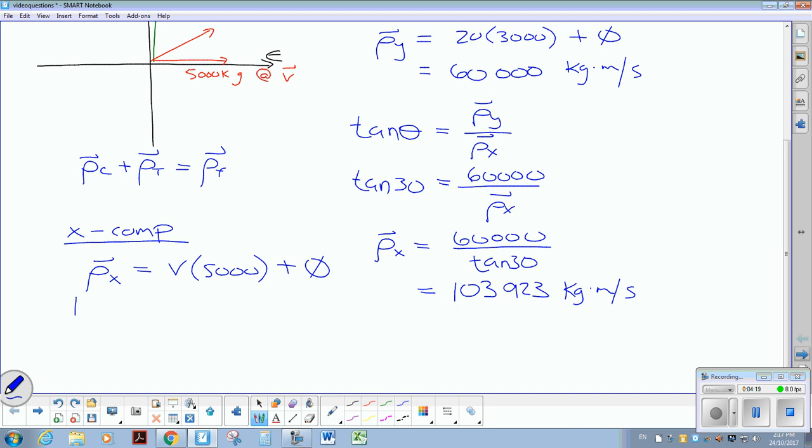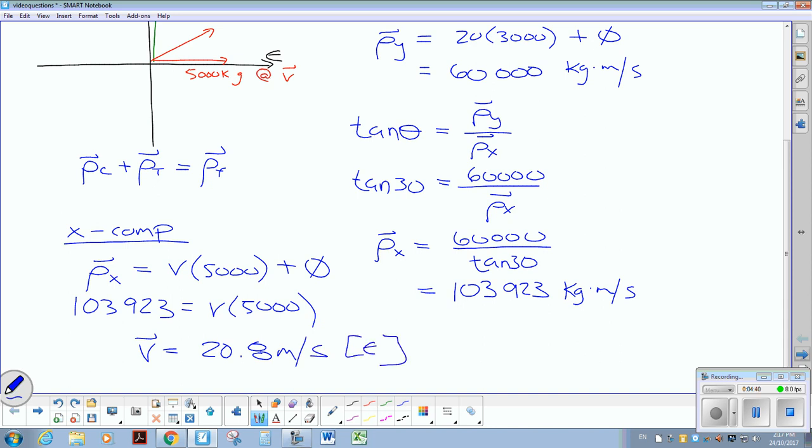I've calculated px, it's 103,923, or rho x, depending on how strong your Greek is. Through division, we find out that our velocity, divided by the 5,000, is 20.8 meters per second, and it was heading in the east direction.